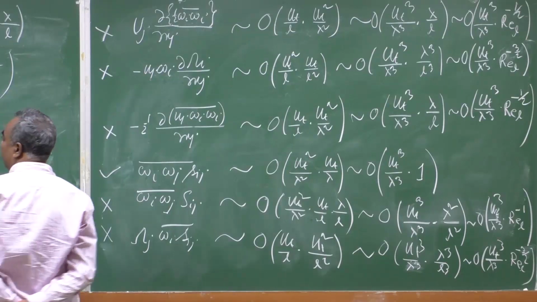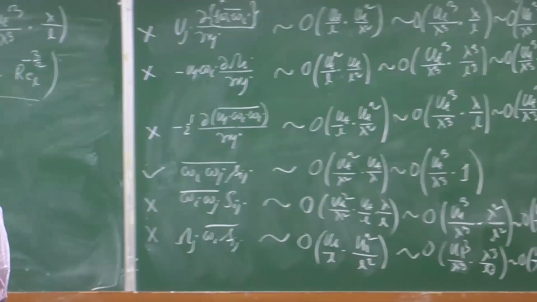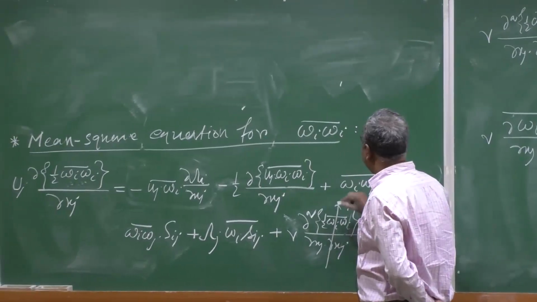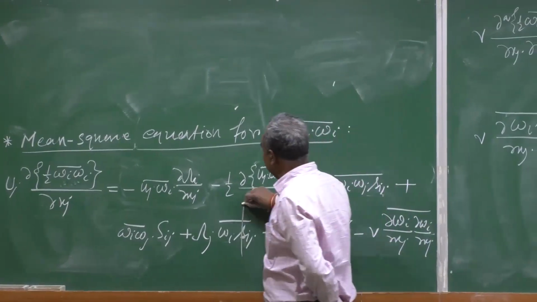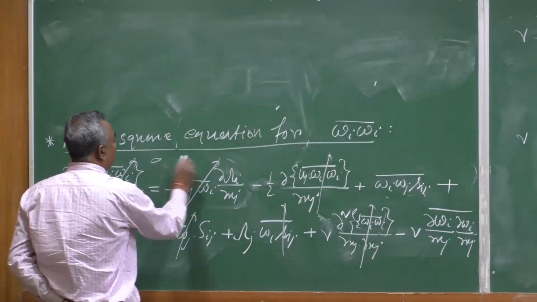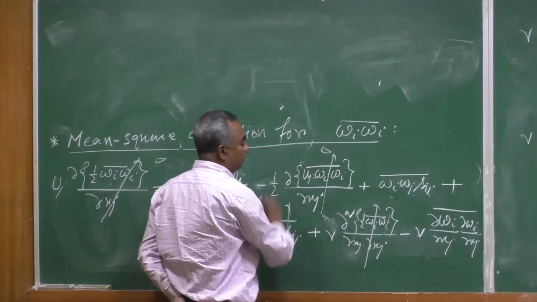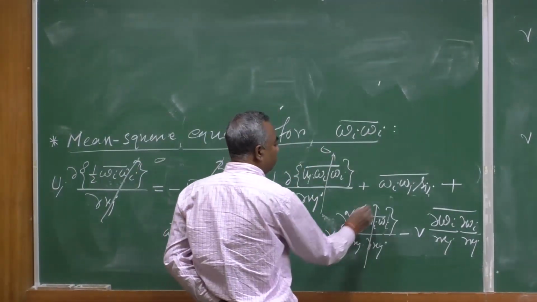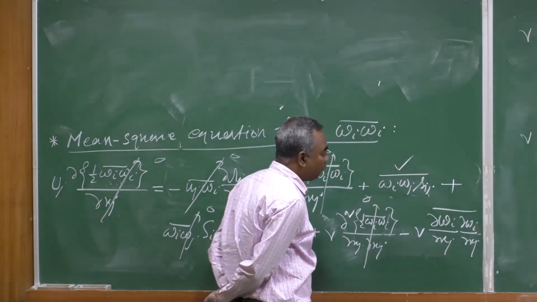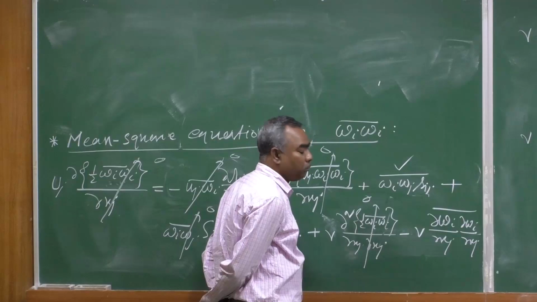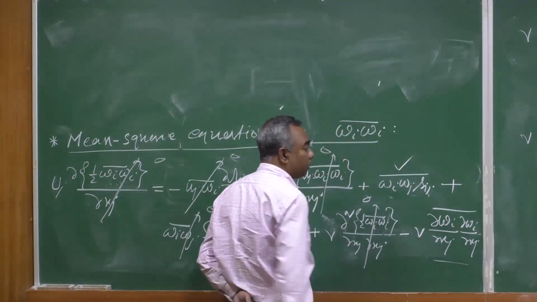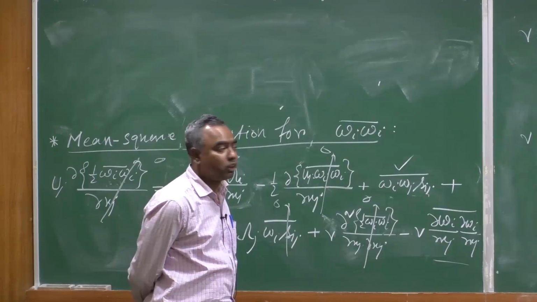Okay. In that case, we can make all these terms 0, 0, 0, 0, this is also 0, this is also 0, this is going to be there, because the order of magnitude of this particular term is way higher as compared to all other terms, and since we do not know the order of magnitude of this term, this term also needs to be kept.